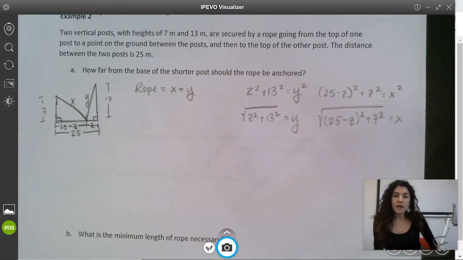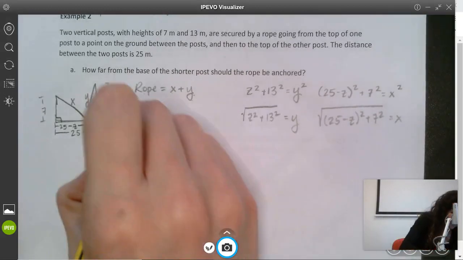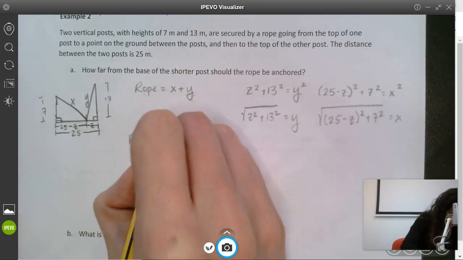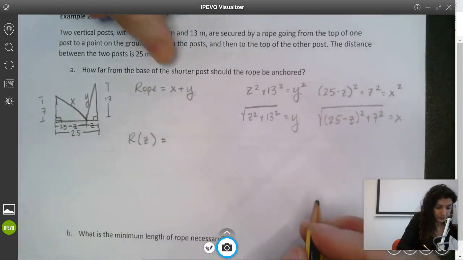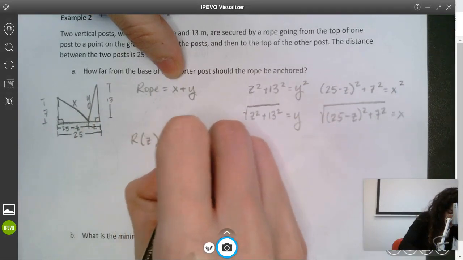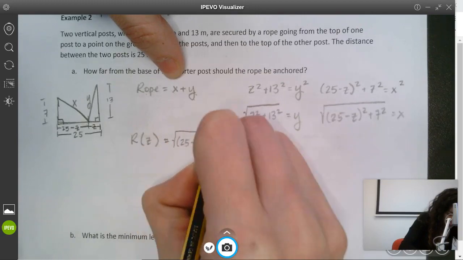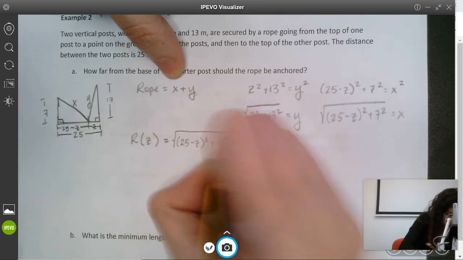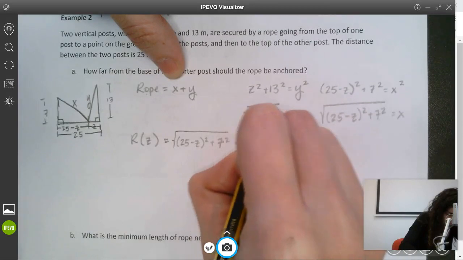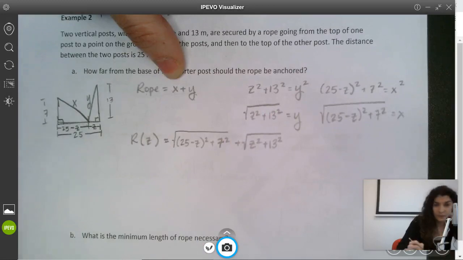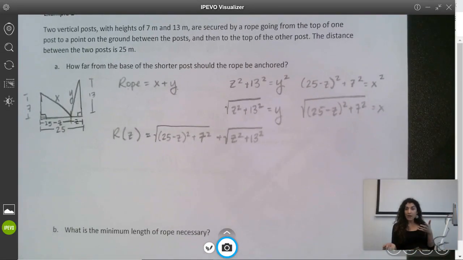Okay. So now I go in and I can replace it. Rope, which I'll call R, will be R as a function of Z, equals... Now we have rope as a function of Z. And we're trying to minimize that, right?